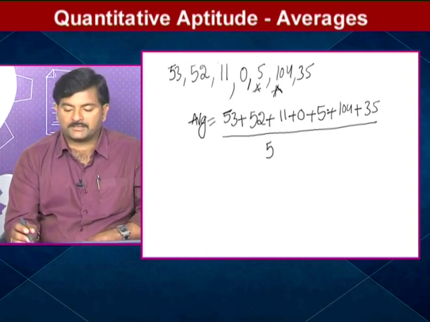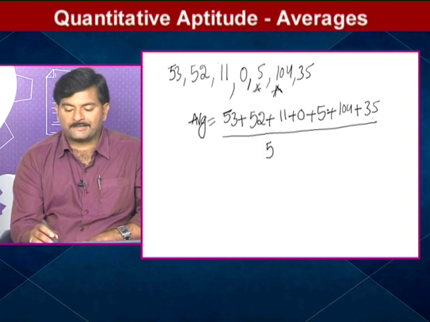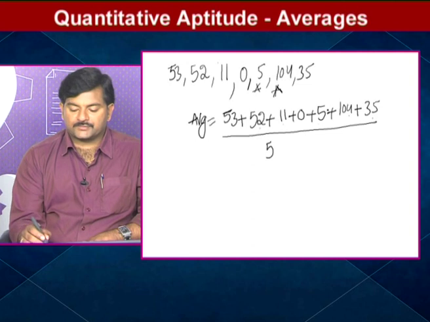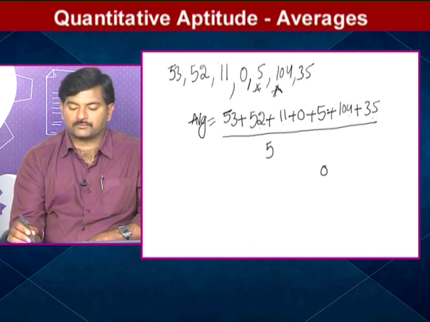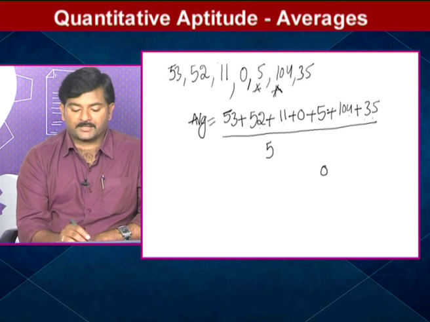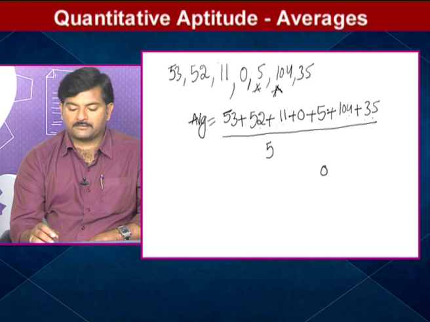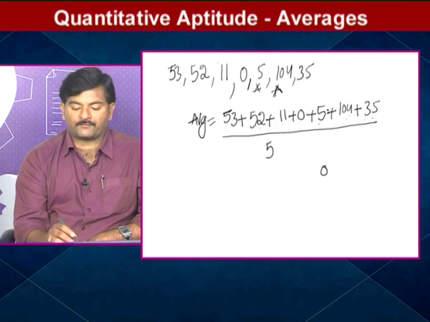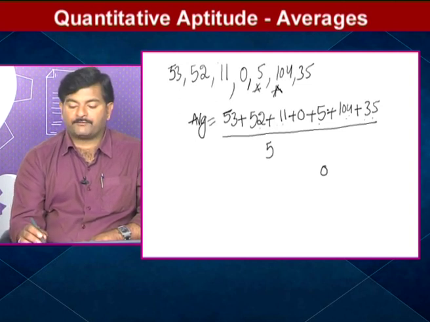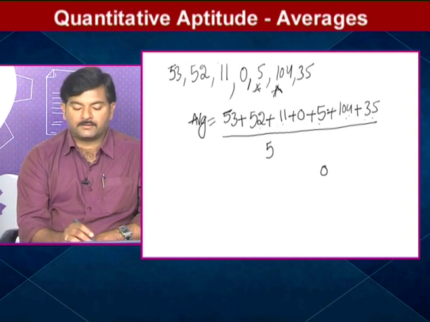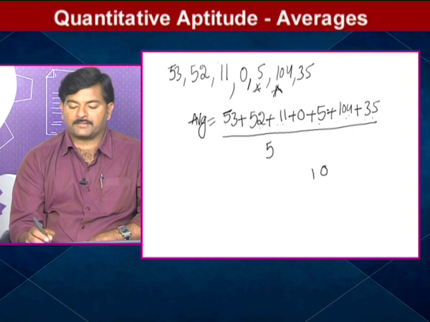Now we will add these: 5, 9, 14, 15, and this is 20. So 2, 5, 6, 11, I repeat, 9, 14, 15, 20, 5, 10, 11 plus 10, 21.